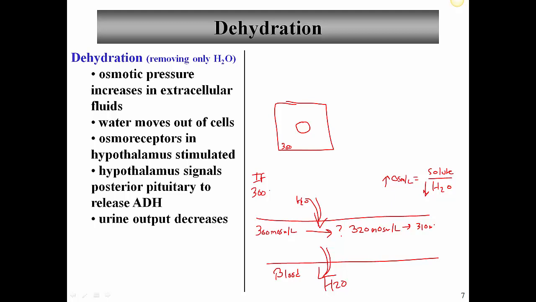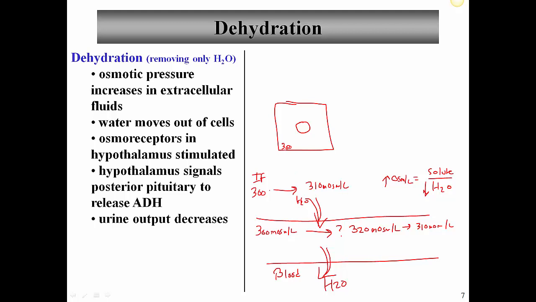This may bring this down to about 300 milliosmoles per liter, bringing it back down toward normal body osmolarity. But when we take water away from this compartment, notice that we're raising this to, let's say, 310 milliosmoles per liter. So we've actually increased the concentration of interstitial fluids because we're losing water from that.